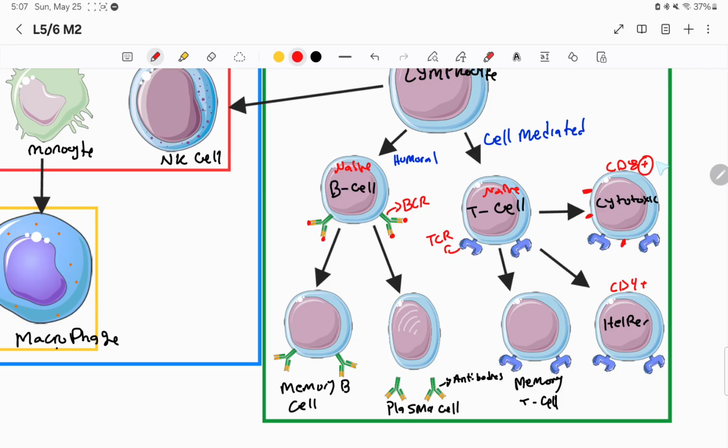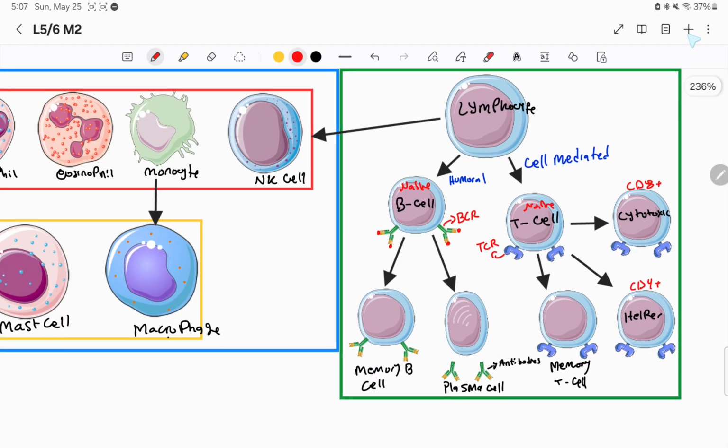And the reason there's a positive there is because, well, they're there. CD8 positive. And CD4s are also just a surface protein. So this guy's CD4 positive. And these two help us differentiate between the T cells, right? So if I'm looking at a helper T cell and it has CD4 positive on it, I know it's a helper T cell and not a cytotoxic T cell. And vice versa. They also have other functions, but we won't get into it for this video.